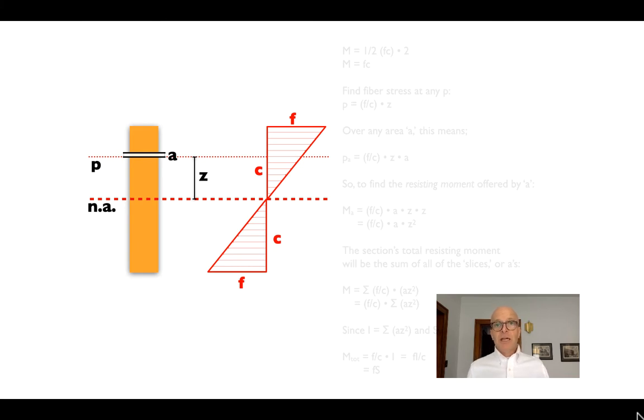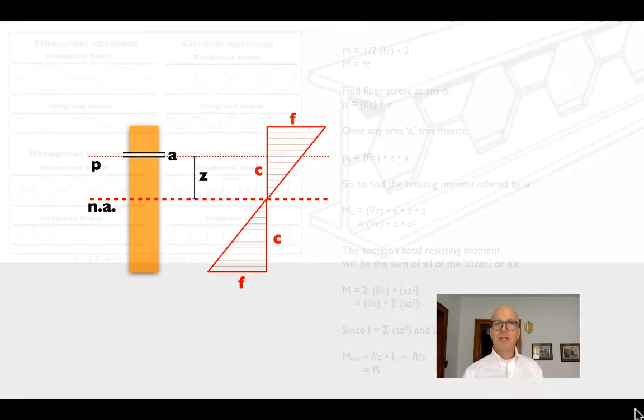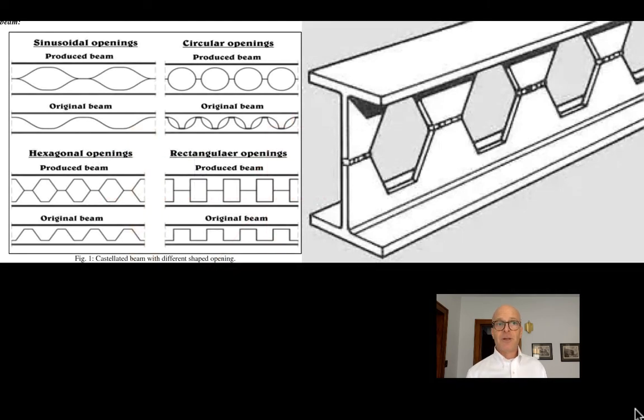We could certainly come in with plasma cutters and take out whatever shapes we want, but we have a fabricational trick we can use called castellation that helps us do this really efficiently. What we do when we castellate a beam is we slice a cut through the web that has a regular repeating shape to it.